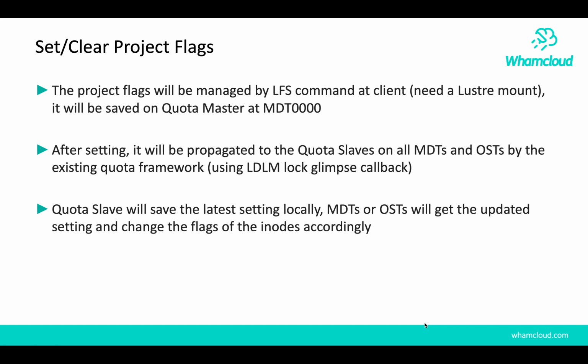Finally, when MDTs and/or OSTs need to get the attributes of some file or directory, it will retrieve the project flags from its quota slave and update the file or the directory's attributes accordingly.